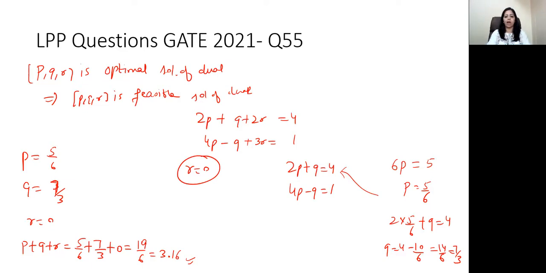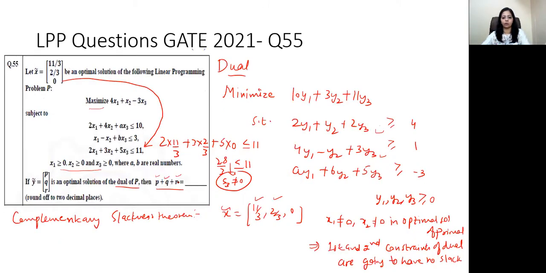So you can have a look at the complementary slackness condition. I can tell you once again what I did. So if in the primal optimal solution, one of the variables is non-zero, that means the constraint corresponding to that variable in the dual will be satisfied as an equation. So since the first and second variables were non-zero, the first and second constraints of the dual were already equations.